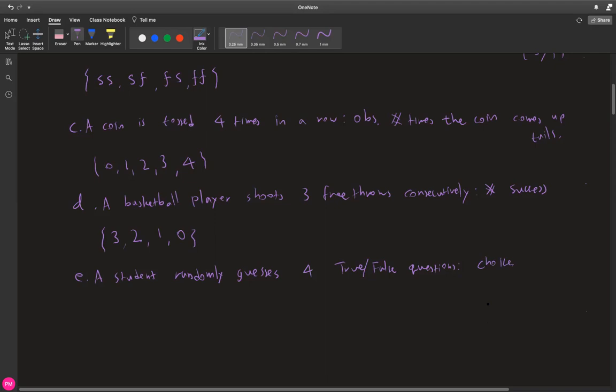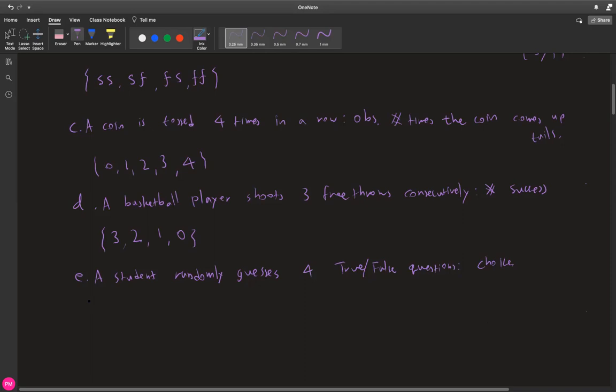So here, we don't know which choice is the correct answer. We don't know if true is the correct answer for which problem. So here, we're only going to look at how the problem is answered.